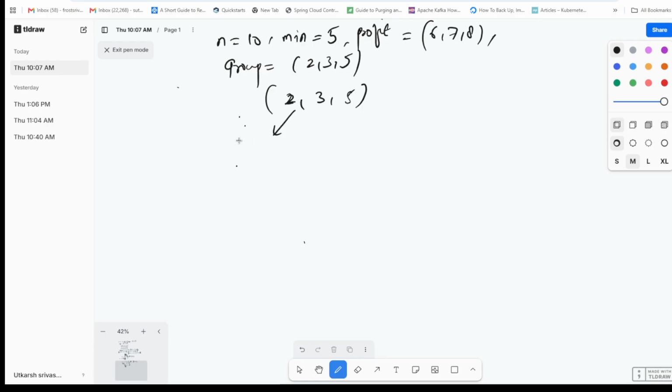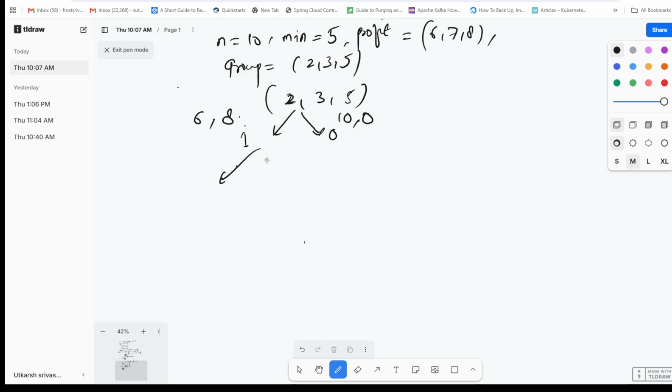If we include 2, the count increases by 1, and the number of persons now is 2, because 2 persons got involved. And how much profit have we made? We have made 6; this person contributes 6 profit. If we don't take this, the length is 0. We did not take any person, the limit remains 10, and the profit is 0.